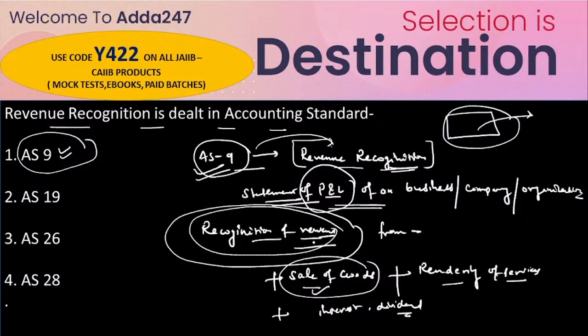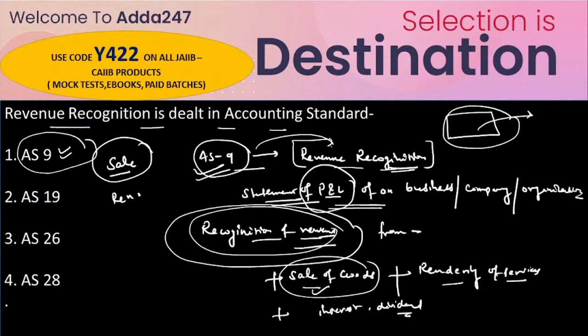That means whatever revenue is incurred in any company. Okay, so there are some ordinary activities of any business: the sale of goods, and another, the rendering of any kind of services.